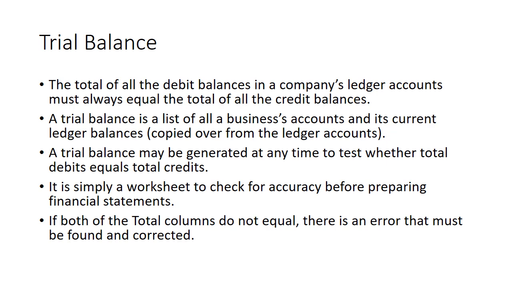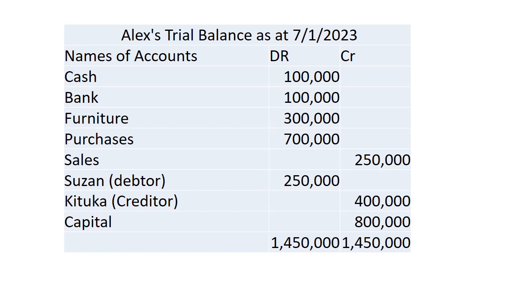So in a trial balance, we take the balances from the ledger. The cash balance will remain with only 100,000 on the debit side, and the bank balance with 100,000. Furniture, 300,000. Purchases, we have 700,000.